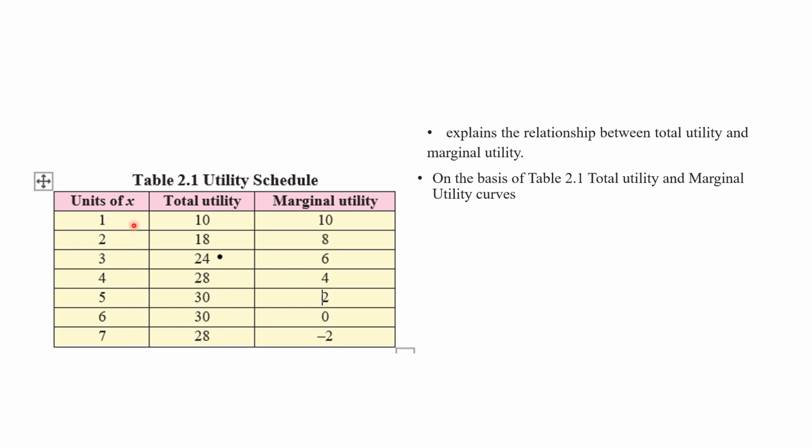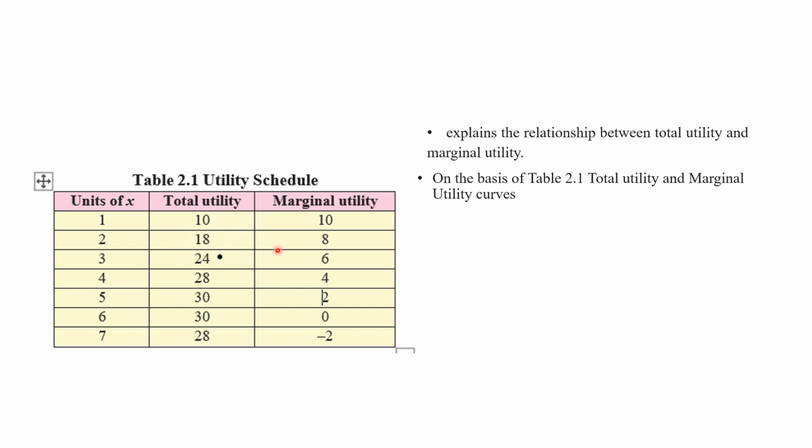For unit 1, for example, if you're consuming one apple, the total utility you get after consuming that is 10. It means the number they are calculating, that is 10, and the marginal utility at that time is also 10 at the first consumption of one apple. The second time, you consume two apples, one more apple, and the total utility is 18.